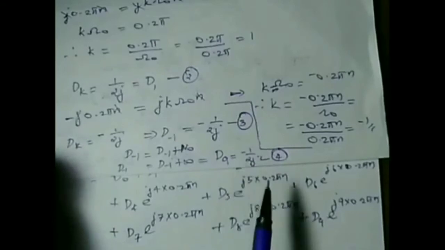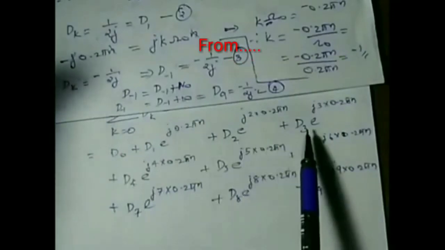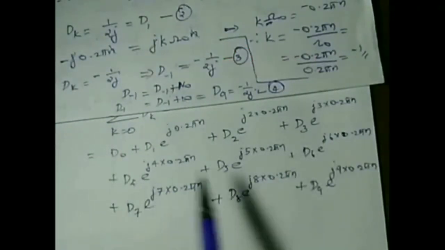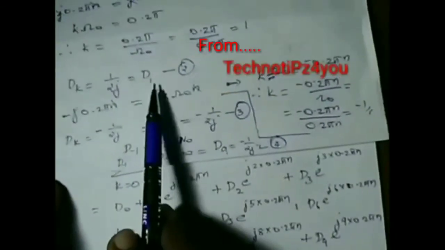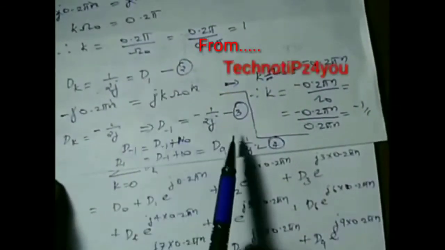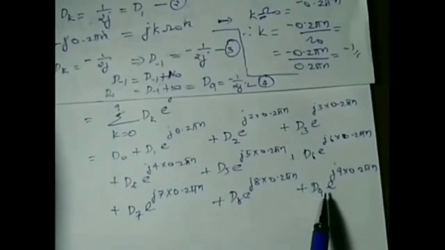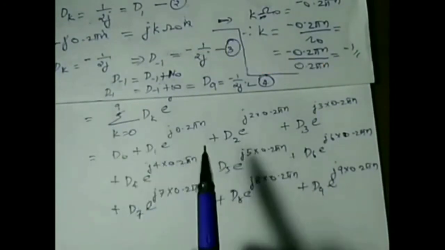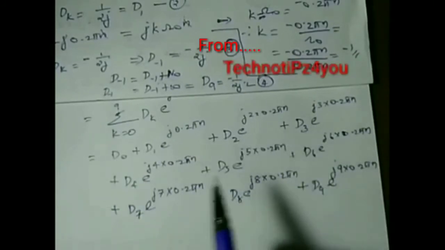All other coefficients d0, d2, d3, d4, d5, d6, d7 and d8 are equal to 0.